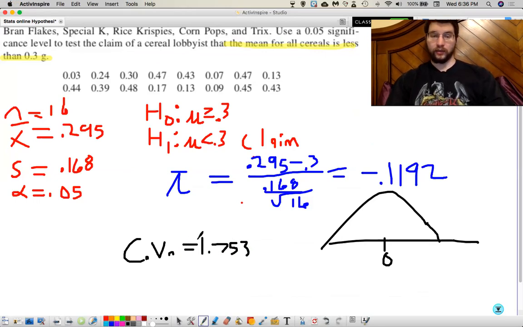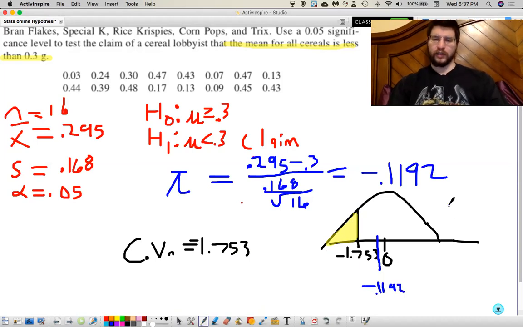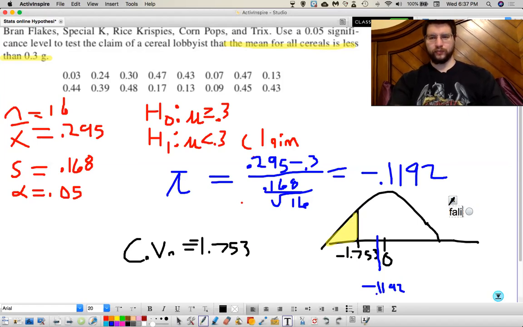It's a left tail, so we make that negative. Negative 1.753. So I'll plot that right here. Shade the tail. Plot my test statistic, which you can see is going to be right there. I'm not in the rejection region, I'm going to fail to reject the null.